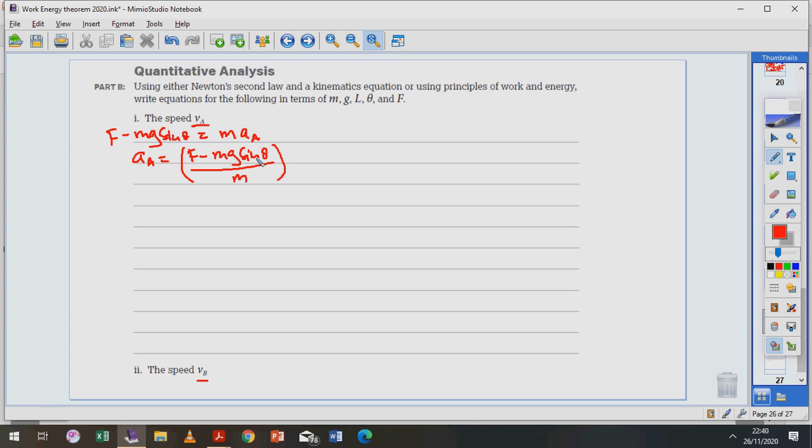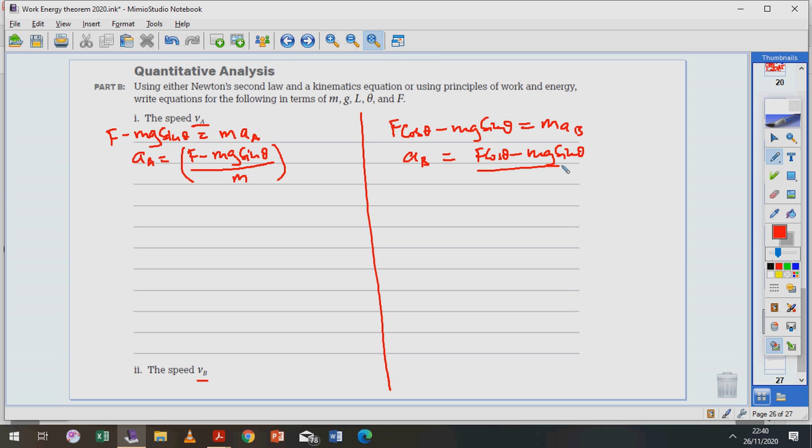And I'm just going to do B just over here. In B, my equation was F cosine theta minus mg sine theta is equal to ma in system B, and a in system B is equal to F cosine theta minus mg sine theta divided by m. That's the acceleration.